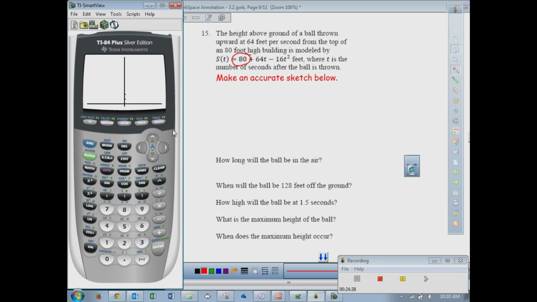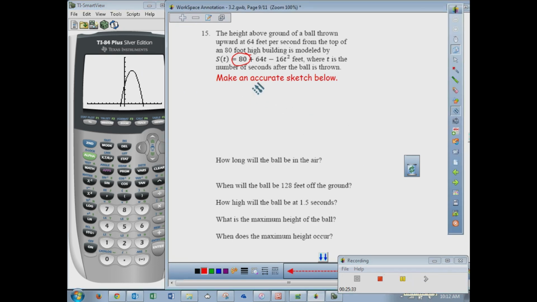Oops, I didn't change my X min. So this is, did I type it in right? 80 minus, oh, it's got to be plus 64. That shouldn't be right. There we go. All right, so here's my sketch. You could use an actual ruler on top of your tablet if you had a ruler out.